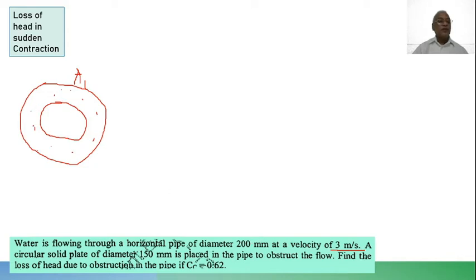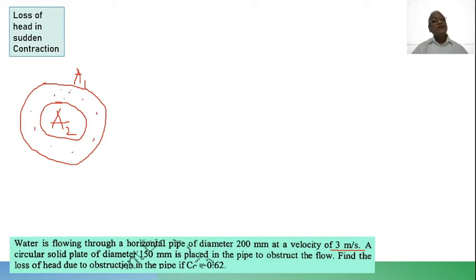Now there is a plate obstructing with 0.15 meters or 150 mm here. If I say this area is A2, what is available for flow would be A1 minus A2, because the flow is obstructed by a plate.